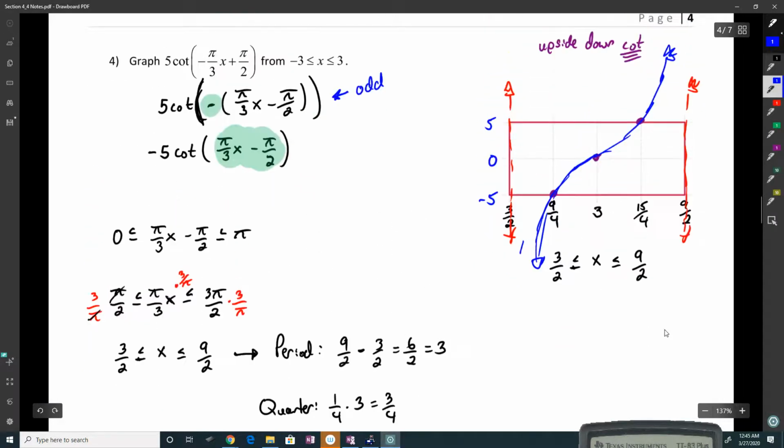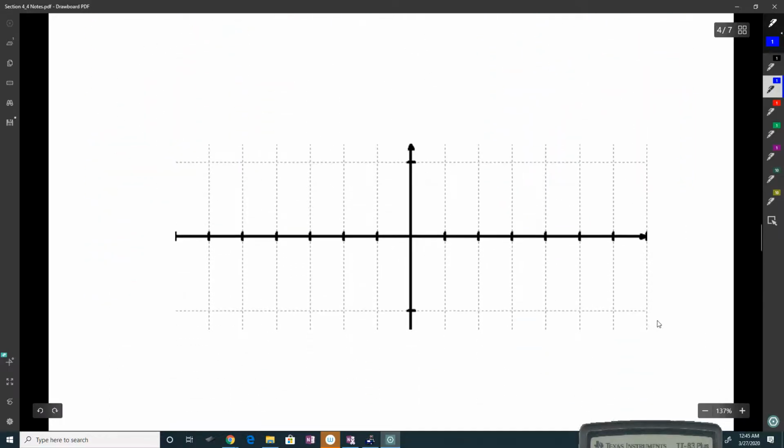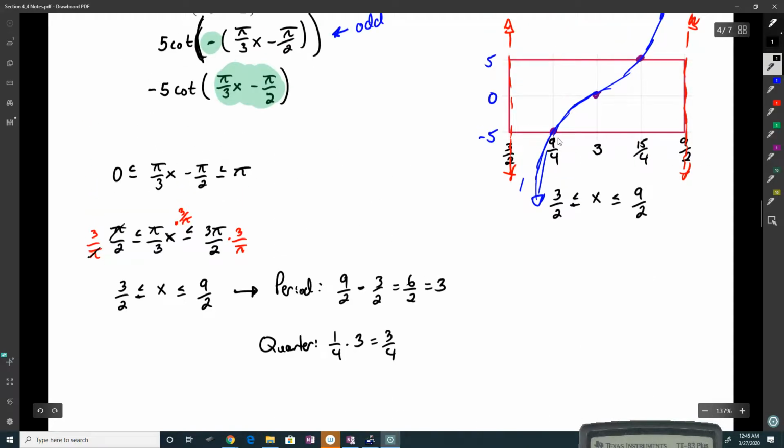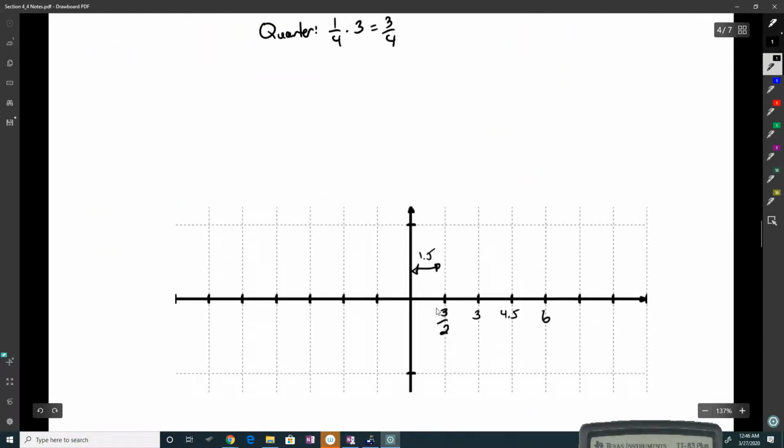So we run into a little dilemma just like last time, because if I put a 3 halves here as my first one, then I'm forcing that from here to here is 1.5, which means that this has to be 3, which means that this has to be 4.5, which means this has to be 6. And notice that our graph ends up being a little weird. So it's up to you if you want to do it.